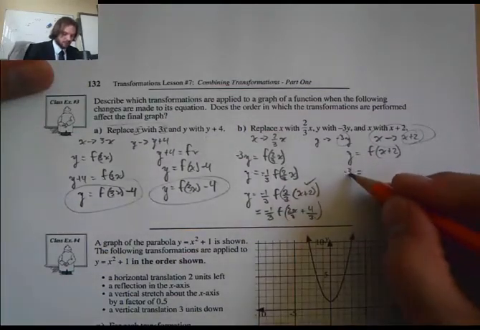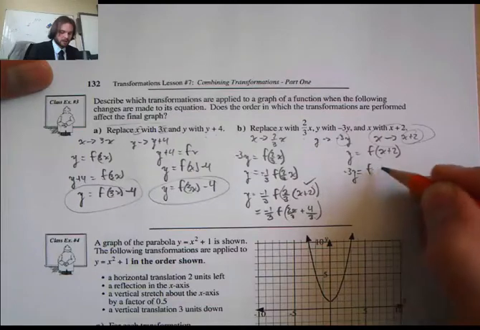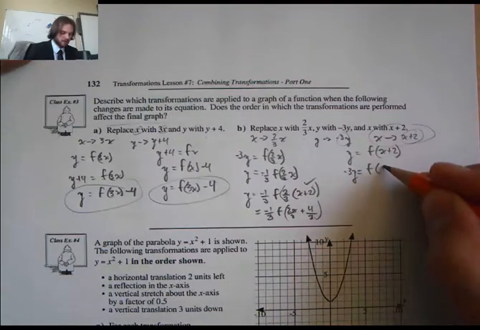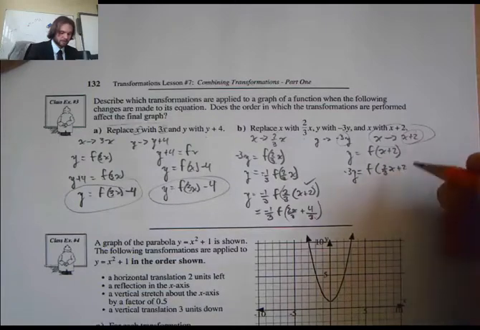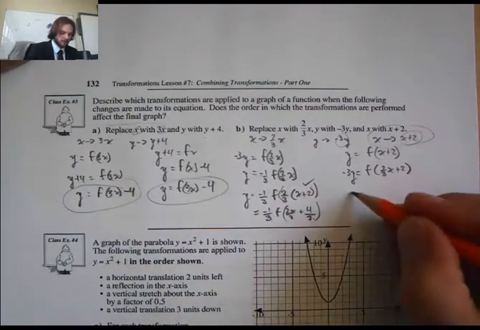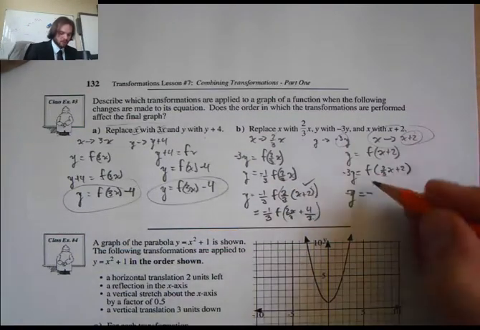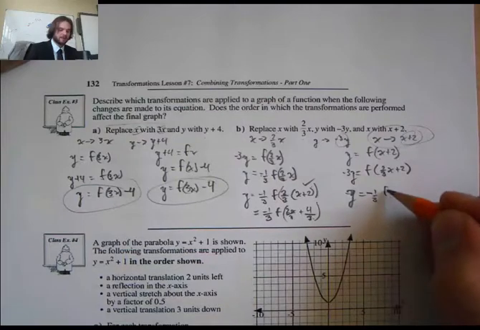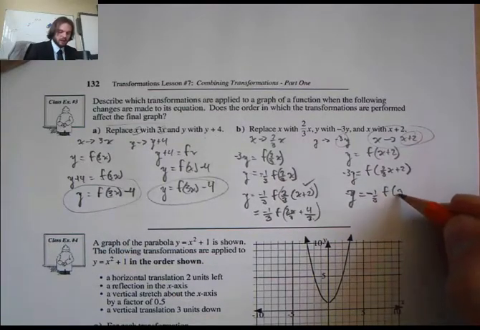So negative 3y is equal to f of 2 over 3x plus 2. Now we end up getting y is equal to negative 1 over 3 f of 2 over 3x plus 2.